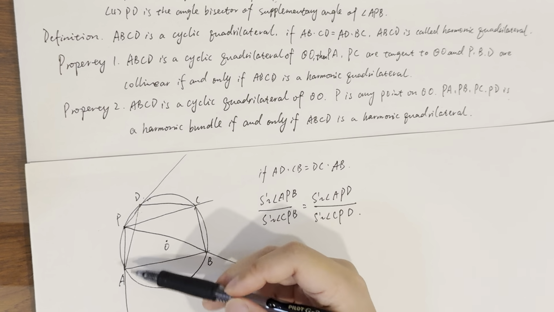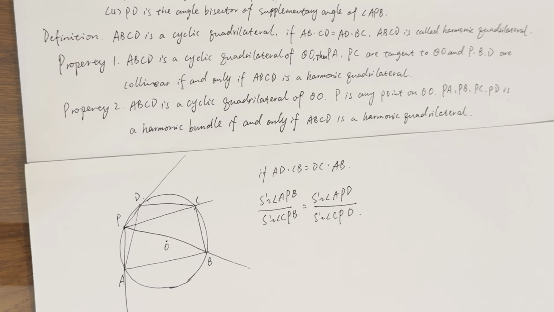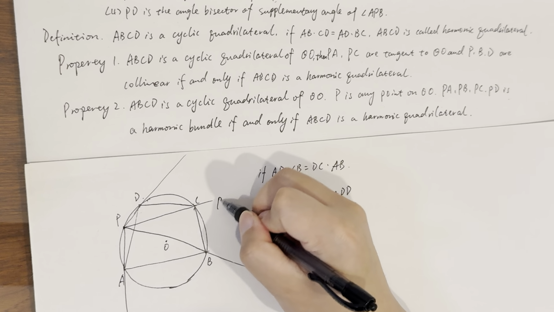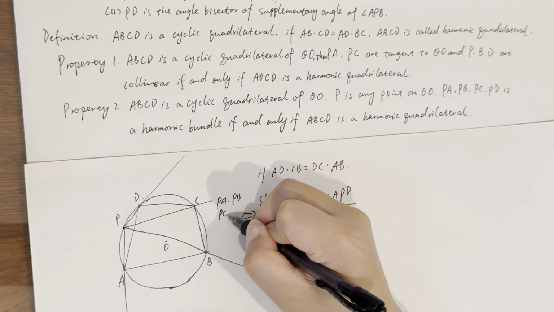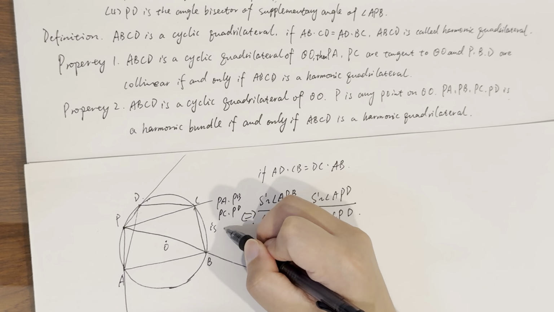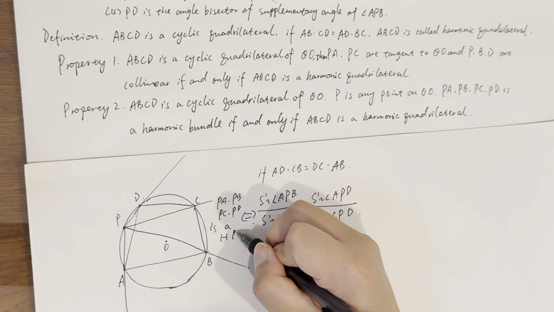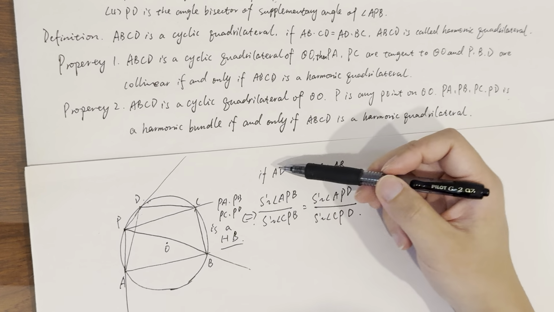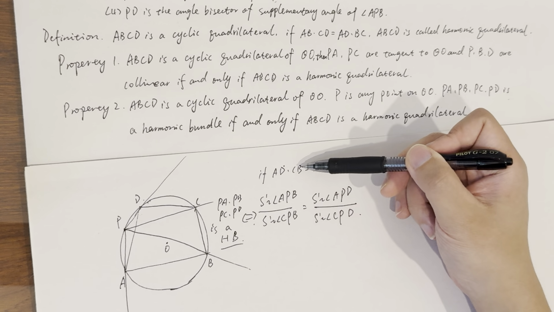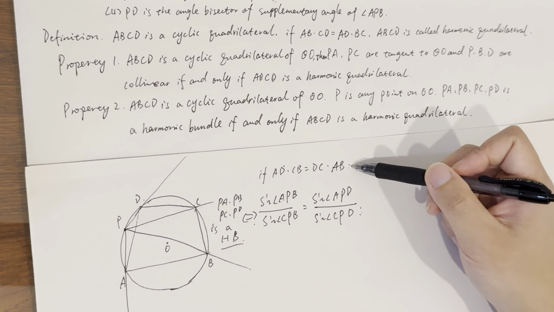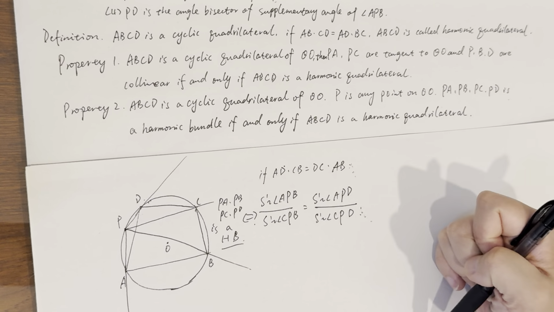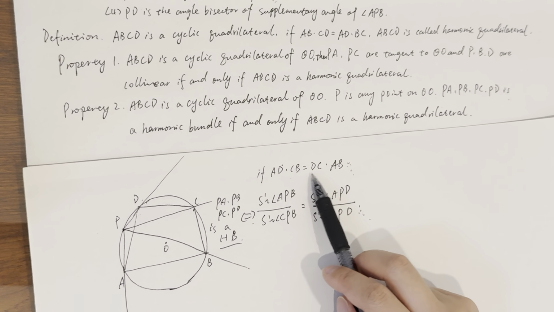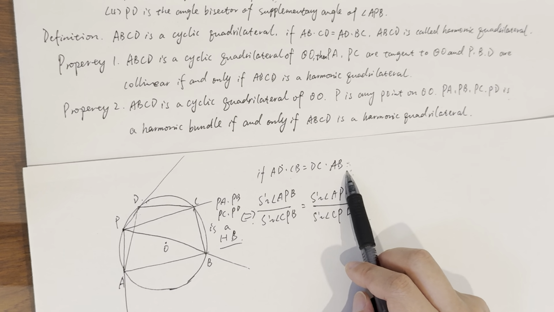PA, PB, PC, PD being a harmonic bundle is equivalent to this one. So basically we want to prove that these two are equivalent. So what is AD times CB equals DC times AB?